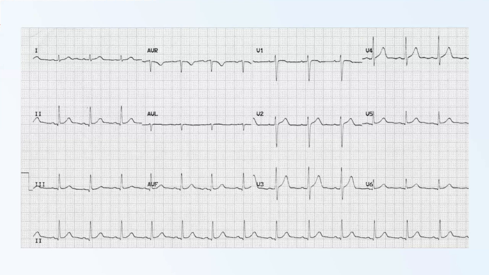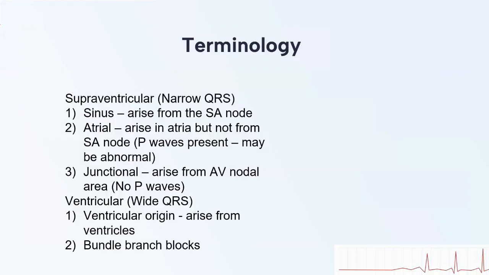So those are the leads where you expect a positive P wave, and then a negative P in aVR. If you have those, that gives you an indication that it's a sinus rhythm. And then the normal axis, with equiphasic QRS in aVL and positive in lead 2. So that's normal axis on this ECG.